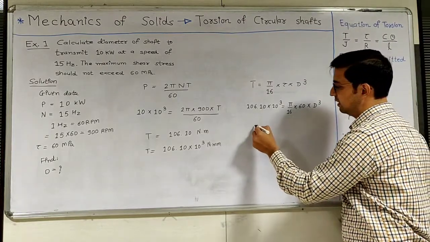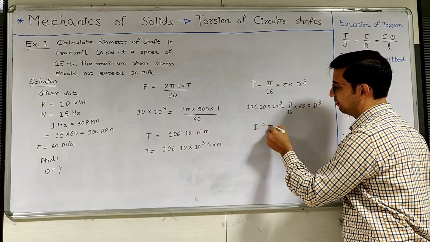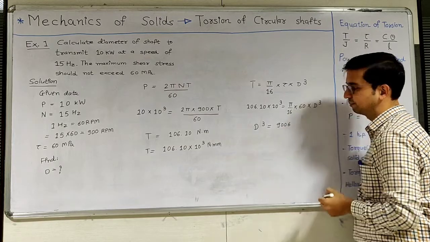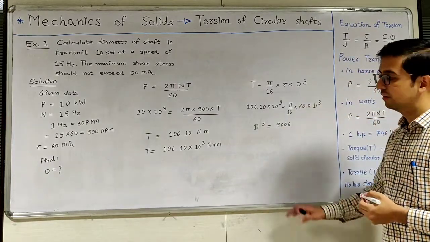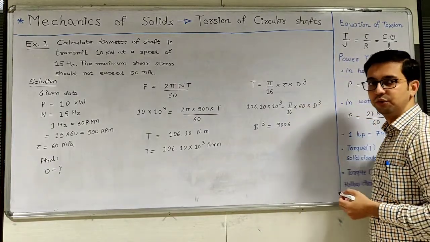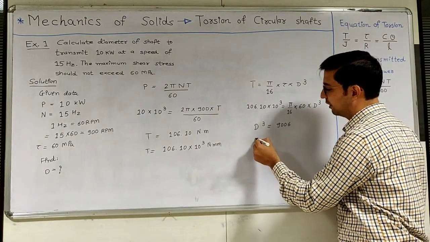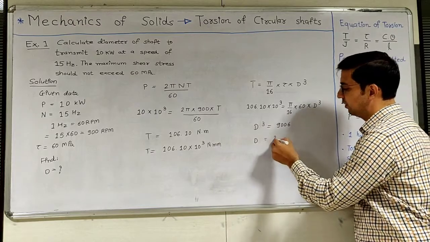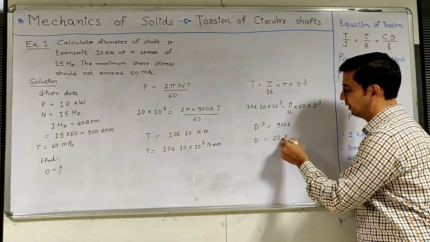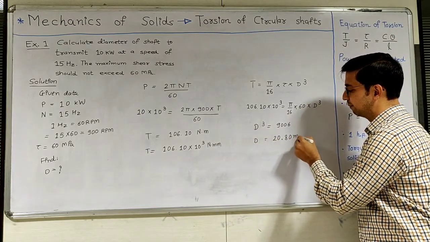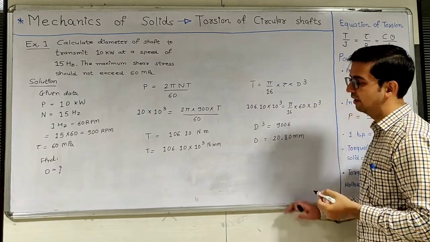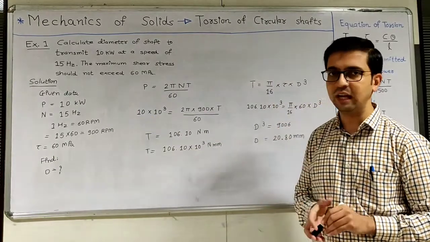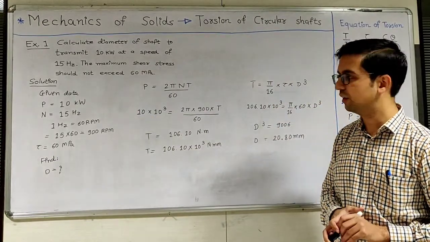By simplifying this equation, we will get the value of d cube as 9006, and simplifying this cube root, we will get the value of diameter as 20.80 mm. So this is the answer of the first example in which we need to calculate the diameter of the shaft.